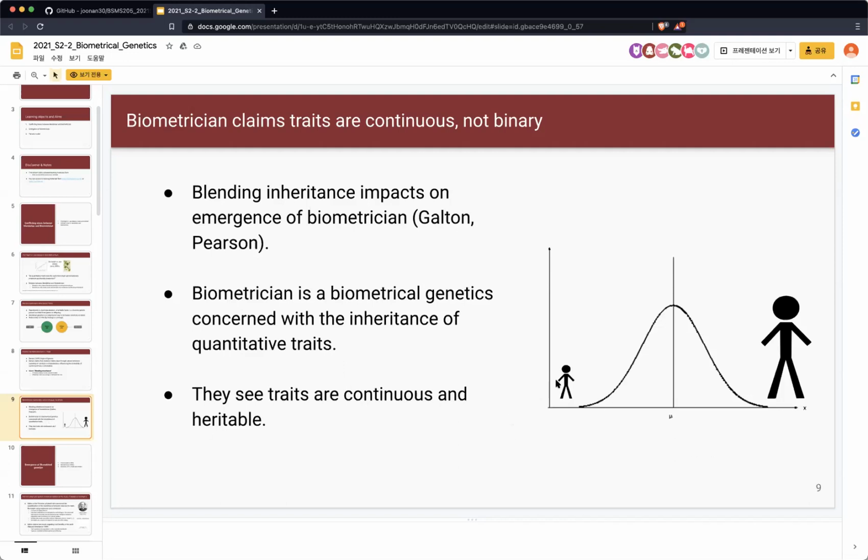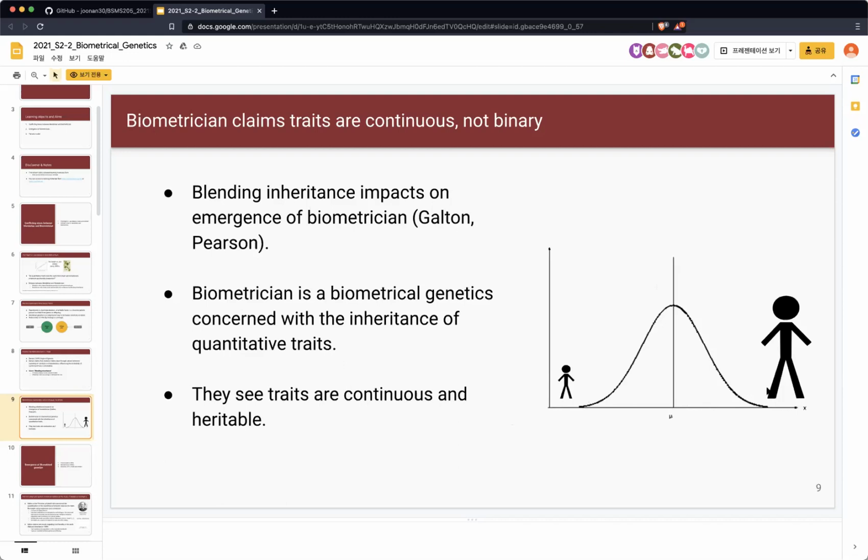If you look at height, height has values following some distribution in our population. So there's no way height is just recessive or dominant as Mendel proposed, right? Height is a trait that has some distribution. Now we know that this follows the normal distribution.